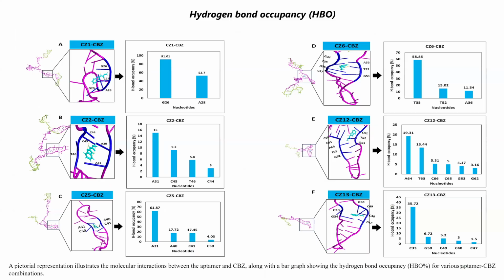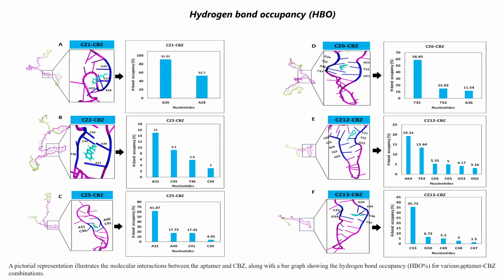Now, as I already told, we use 6 aptamers here, that is CZ1, CZ2, CZ5, CZ6. This is the hydrogen bond occupancy. As you all know, the aptamers majorly interact with the small molecule through non-covalent interactions.